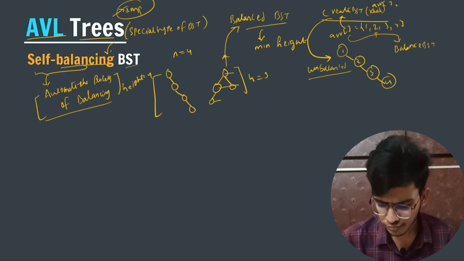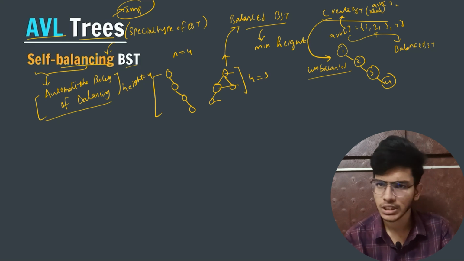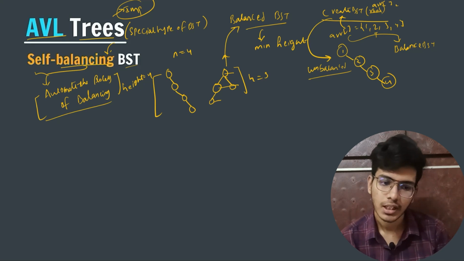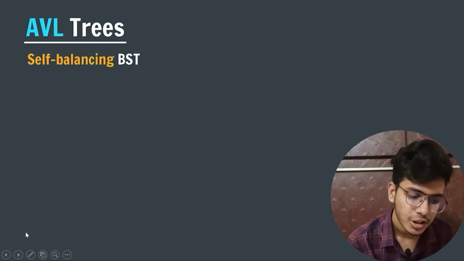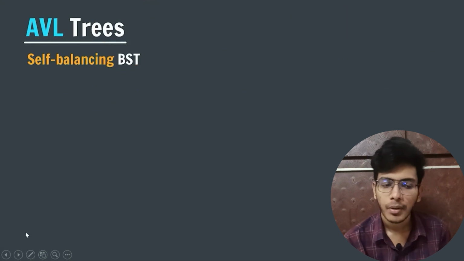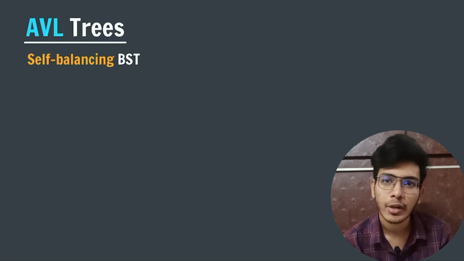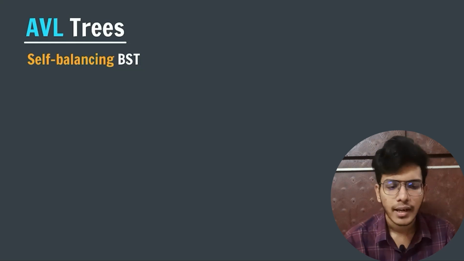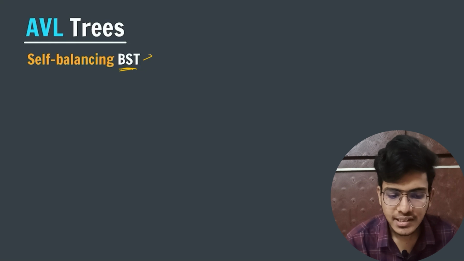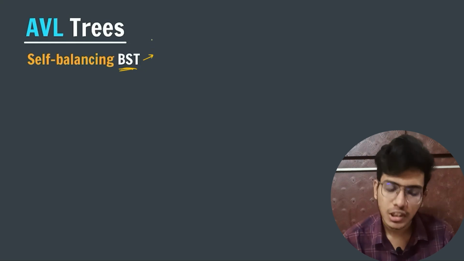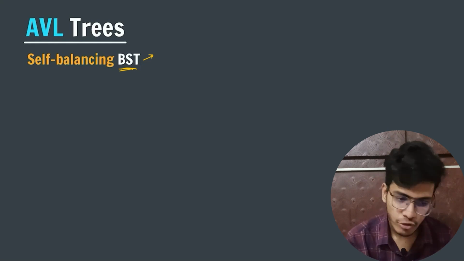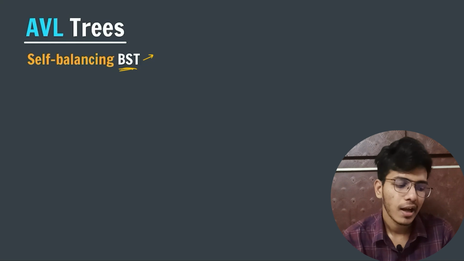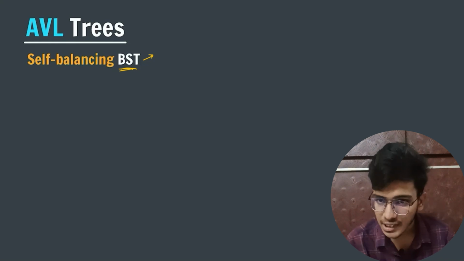Okay, now we have understood what is an AVL tree, what is a balanced BST. Now the question arises: why do we need a balanced BST? Why can't we perform our operations on a skewed tree? What is the problem in it? Now I have told you that a BST is an efficient data structure when compared to a general binary tree, only because the operations which we perform will give lesser time complexity.